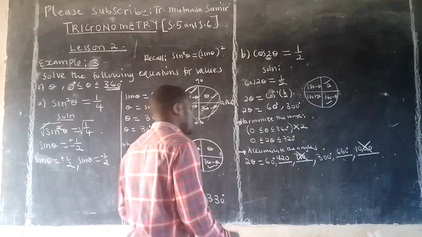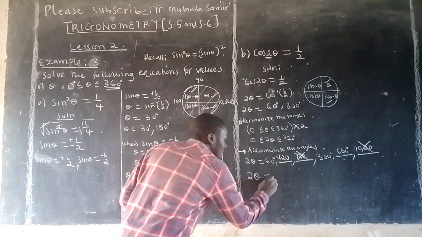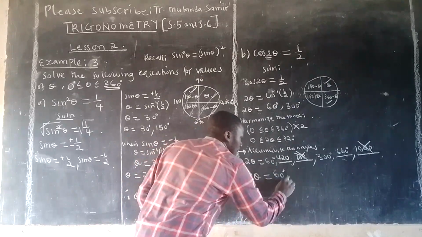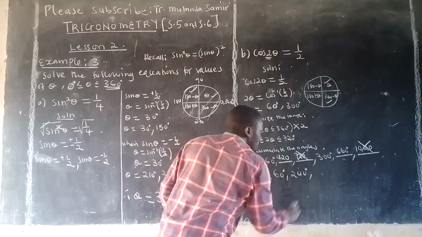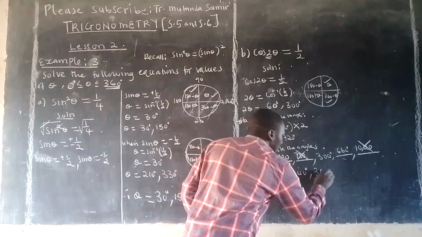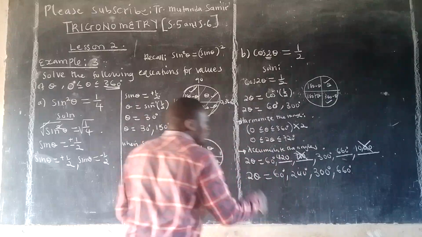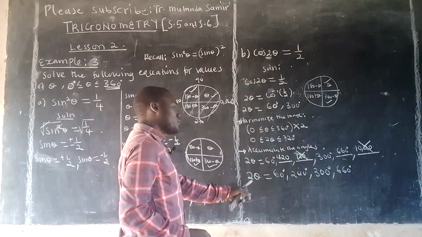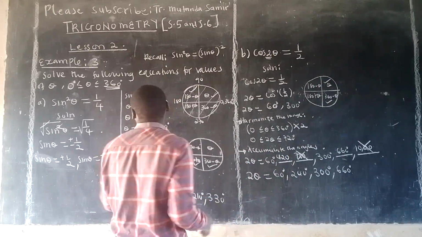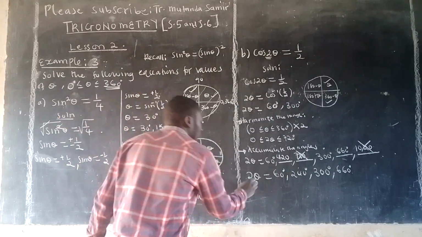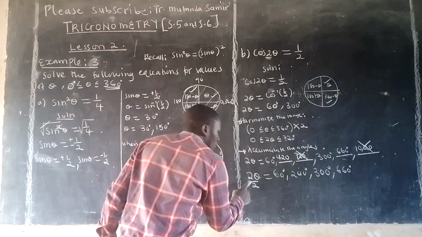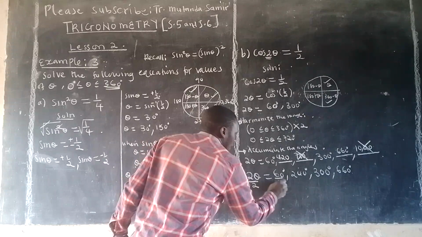So now finally we shall have that 2 theta is equal to 60, 240, 300, 660. The others I've discarded because they go beyond the range. Now, since you have 2 theta, but the answer we want should be values of theta, you come and divide by 2. What you have done this side, you do it for each and every angle.